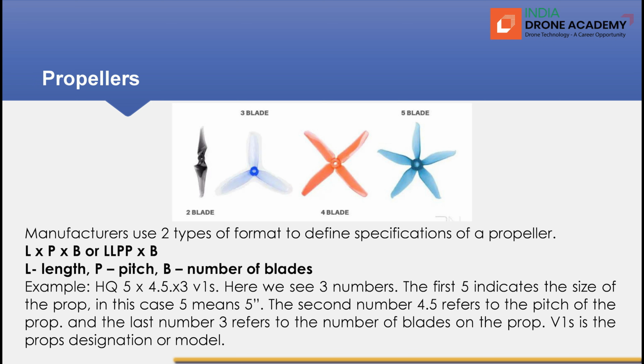The 3 numbers that we see here can be understood like this. The first number, 5, indicates the size of the propeller. In this case, 5 means a 5-inch diameter. The second number is 4.5, which refers to the pitch of the propeller. And the last number is 3, and this refers to the number of blades on the propeller.